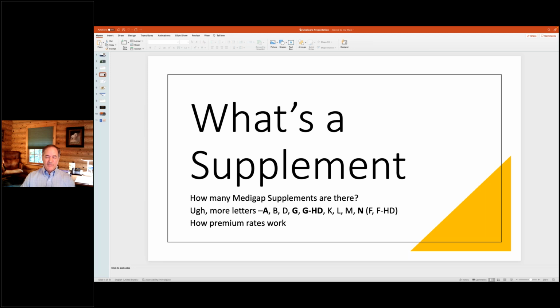Now, about how the money stuff works when it comes to supplemental policies. Let's say you're 6 months away from becoming eligible for Medicare at 65. A trickle begins of stuff coming your way from insurance companies and from the government, basically reminding you that you could end up getting a Medicare supplement if you go on Medicare.